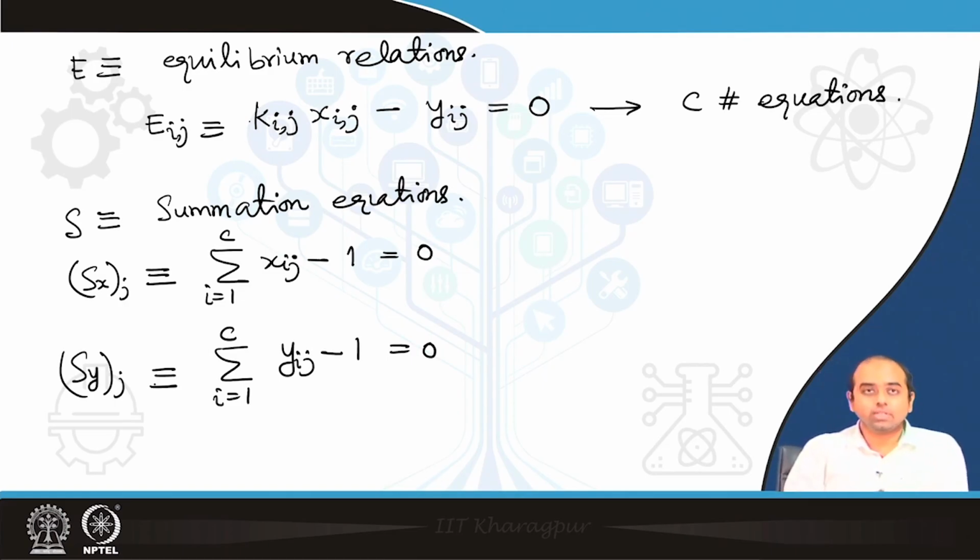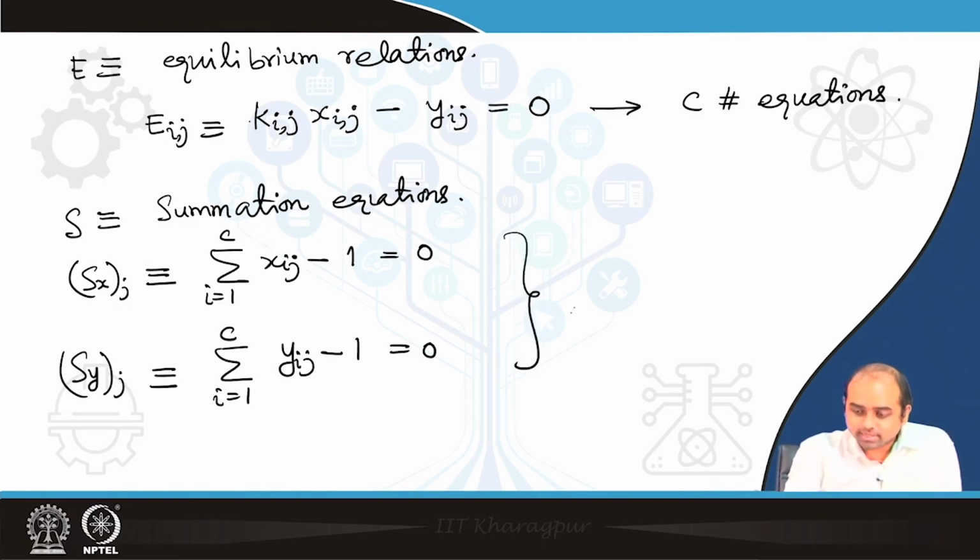And please note, since we haven't used the overall material balance, we can write down two separate summation equations. Like in the previous case when we were discussing flash distillation, since we had written down the overall material balance, these two summation equations were clubbed together and only one summation equation was available to us. But here we didn't use the overall material balance. In the material balance, it's all individual component balances. That's why we got C equations there. So now in the summation equations, we can use these two separate summation equations.